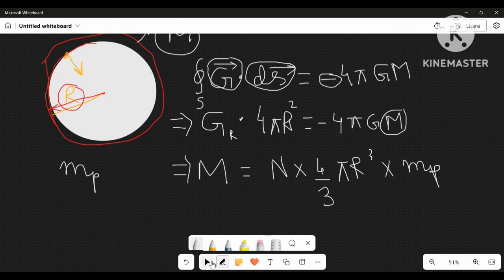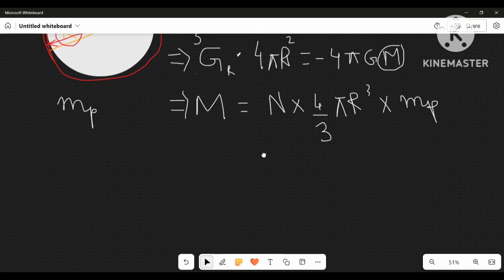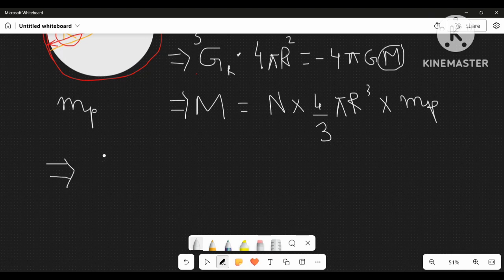So this is the total mass. So if I plug this in, I get the expression of the gravitational field at the periphery of the universe.